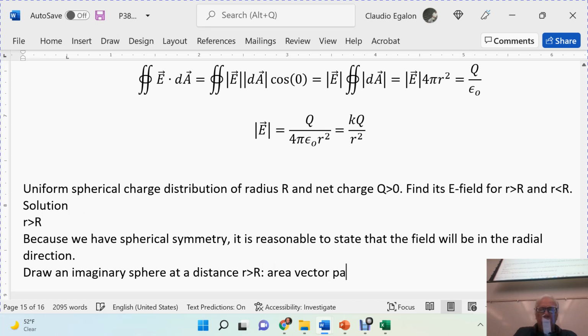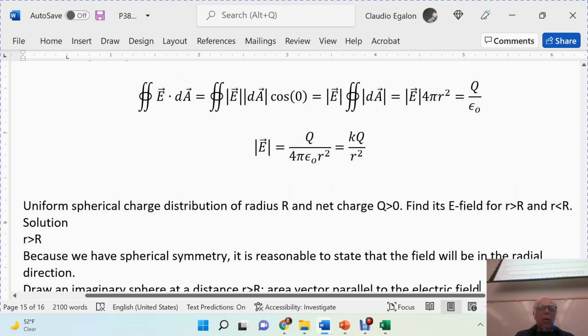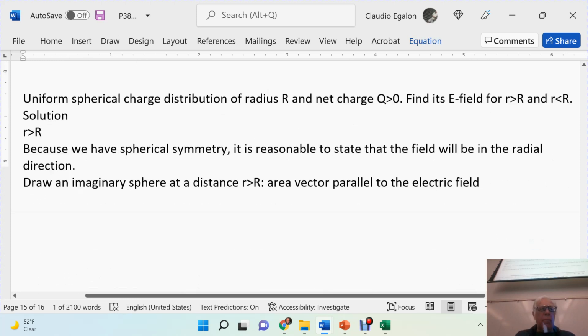Area vector parallel to the electric field. We have already seen a problem like that before, right? It is exactly the problem of the point charge. Here you go. I'm going to just copy and paste here.